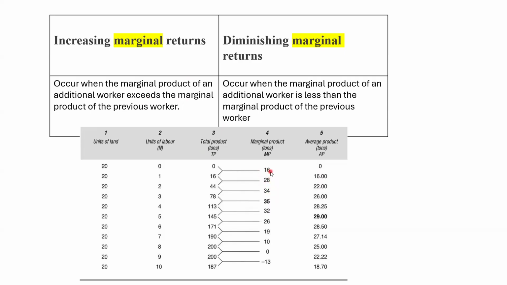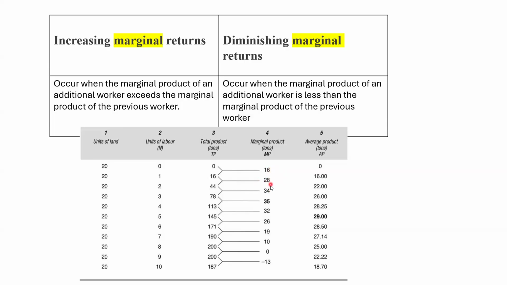So increasing marginal return basically means it is when the marginal product of the additional worker exceeds the previous one. We had 16 as total product with one worker, we employed another worker, we had 44. And then the marginal of the second worker is 28, which is greater than that of the previous worker, which was 16, meaning that by adding this worker, it is benefiting the business because the product is increasing by 28 units, right?